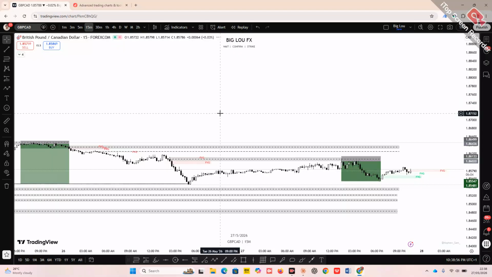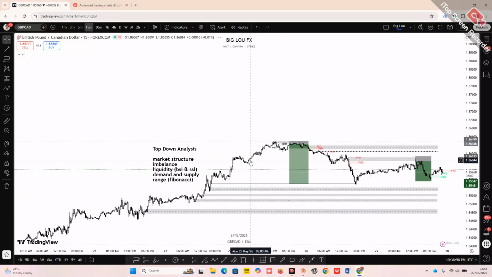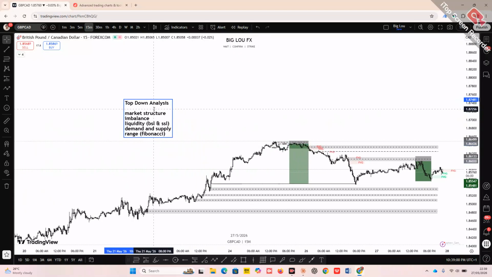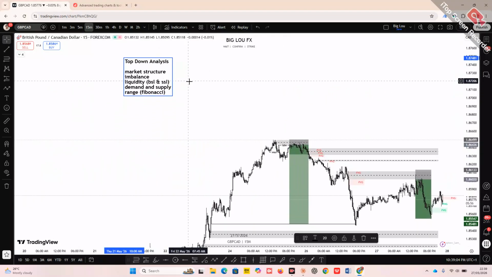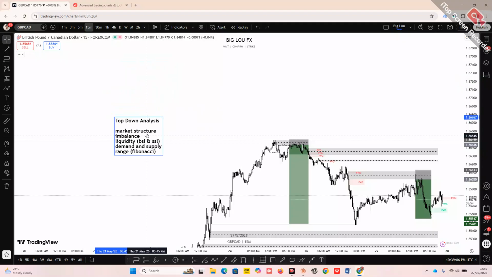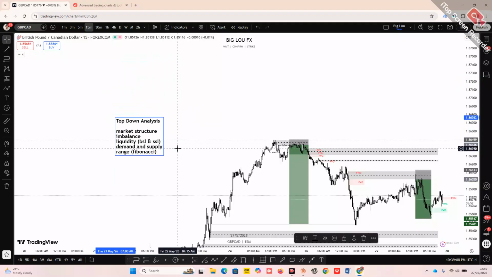So when I come down to the 15 minutes, I'll tell you why I picked the 15 minutes. When I came down to the 15 minutes, this concept, hope everyone has copied it. Some of the concepts I trade, you've seen how I'm using them.